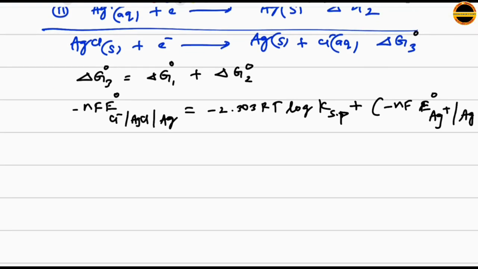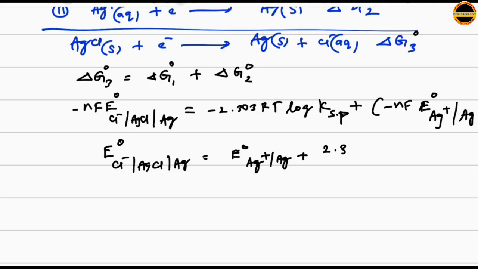So overall, if we modify it and write, E naught Cl minus AgCl Ag is equal to E naught Ag plus Ag plus 2.303 RT by F log Ksp, where F is Faraday.